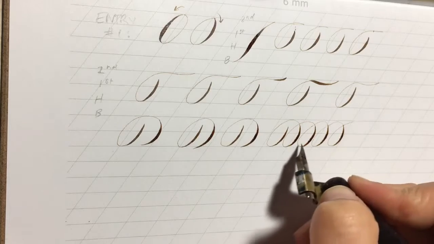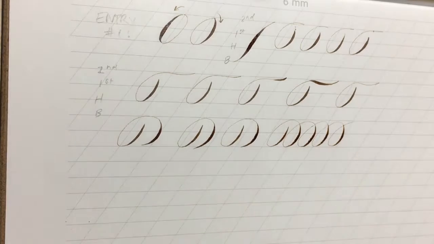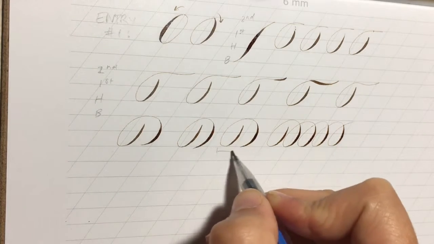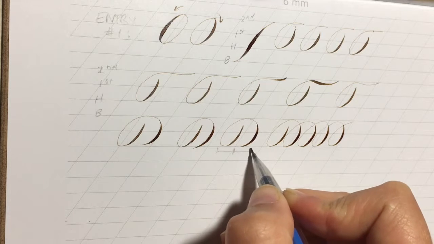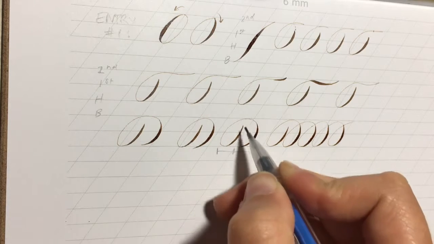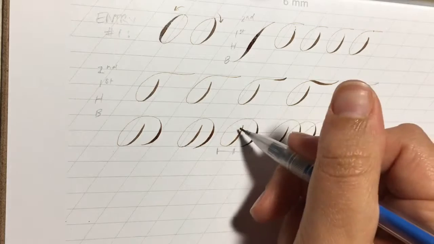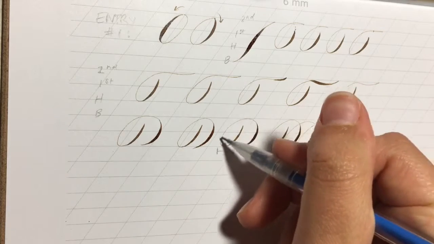So try to keep the spacing from here to here and from here to here the same, and these should both be oval shapes.